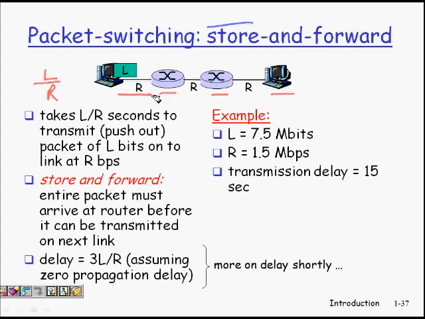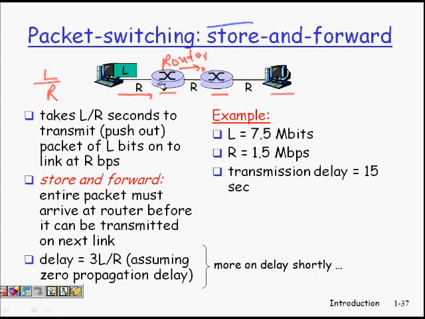Let's assume zero propagation delay. Then it will come here, and only when this router has received all the bits of this packet, it will store it, then only it will start forwarding. So how much time does it have to wait?